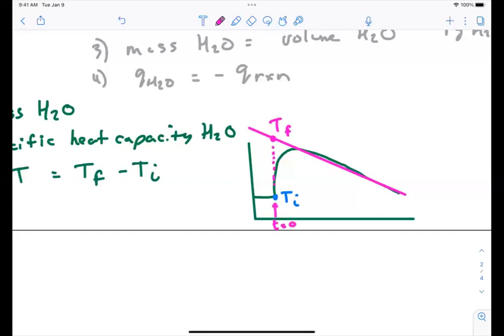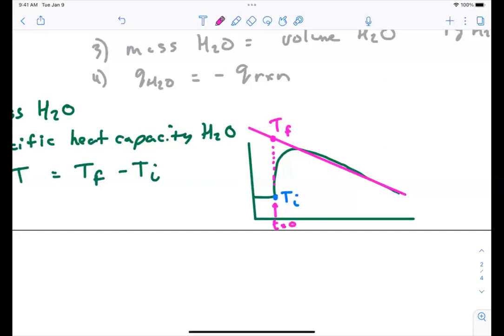It's when the reaction starts, because a reaction doesn't happen instantaneously. As the reaction is happening, there's cooling happening at the same time. If it takes 20 seconds to completely react, over that 20 seconds, even though you're putting heat into the water, it's also cooling at the same time.